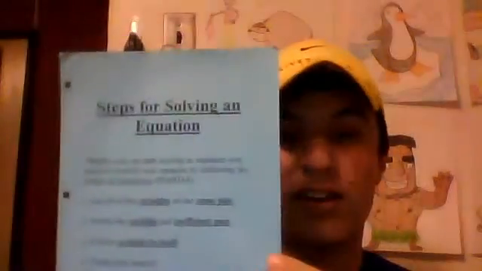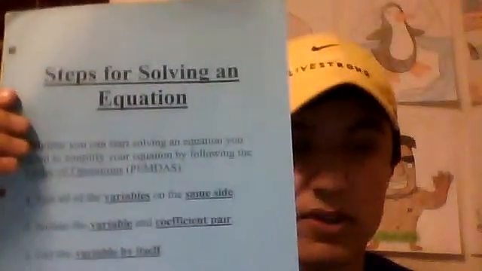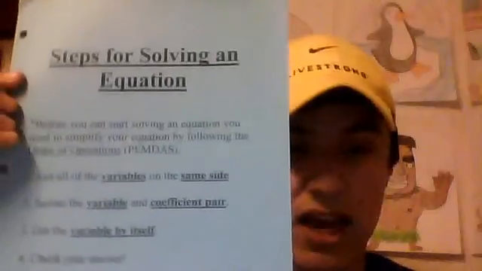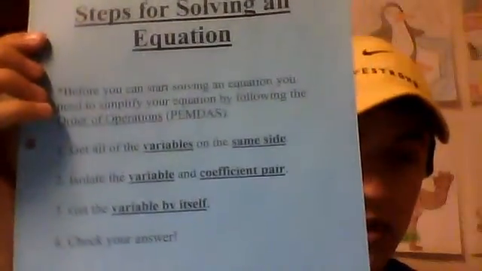So what I have with me is an artifact right here, and it's what she gave me. She came up with this sheet, and it's basically the steps that she wanted them to take for solving the equation. So you can see how she broke everything down for them so that they could be able to solve the equations. Because before, without this sheet, they were like, what was step two?